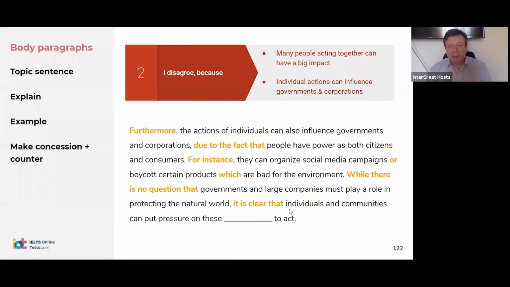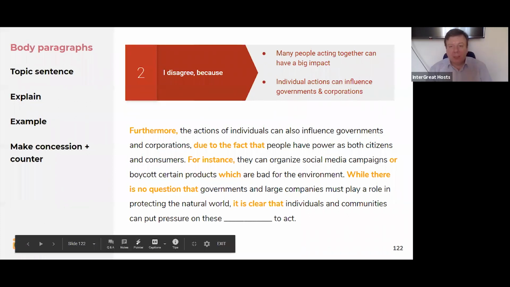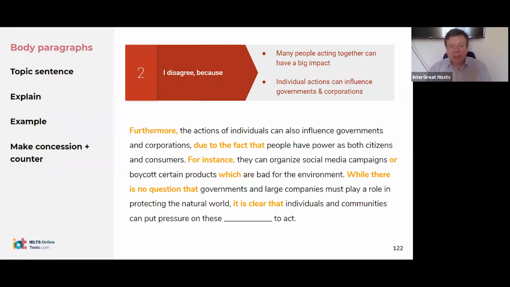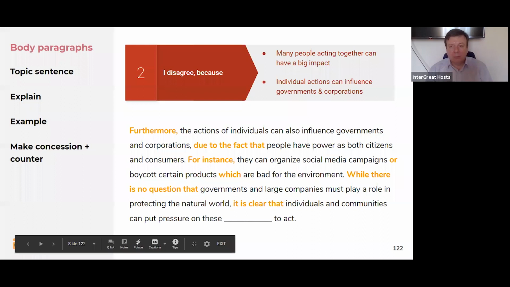So what are we going to put in the gap there?